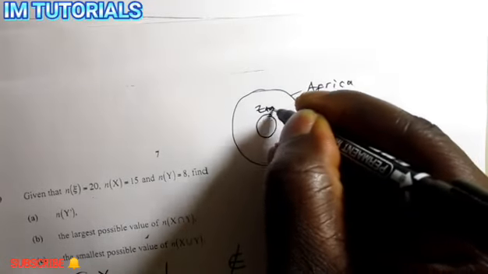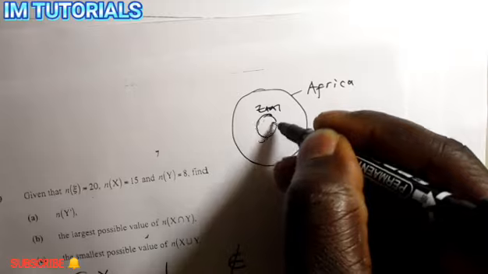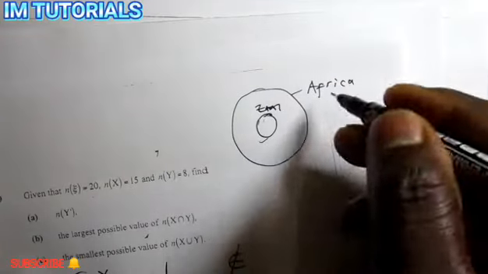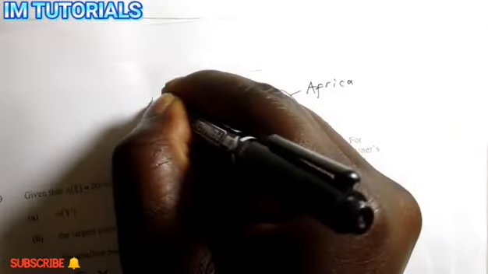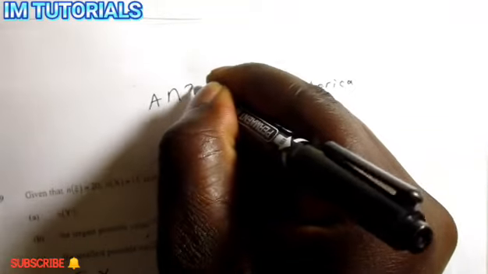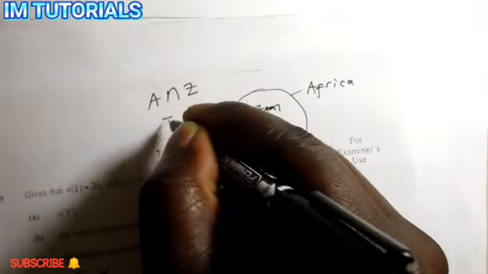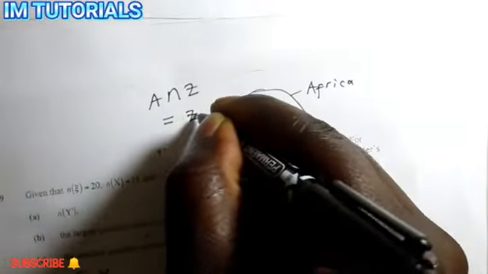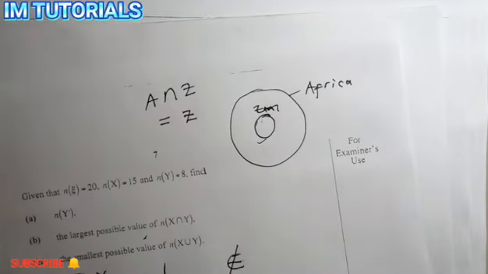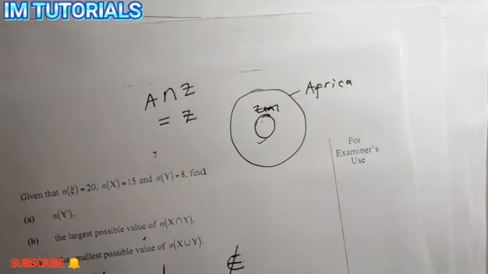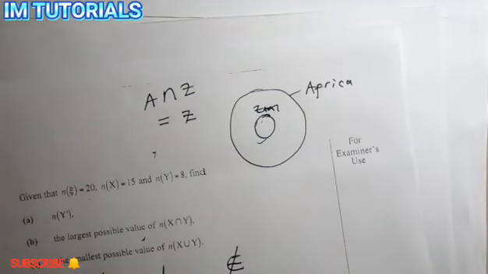The smaller circle represents Zimbabwe and the bigger circle represents Africa. The examiner is asking you to find Africa intersection Zimbabwe. Your answer is Zimbabwe, because Zimbabwe is found in Zimbabwe and at the same time Zimbabwe is found in Africa.